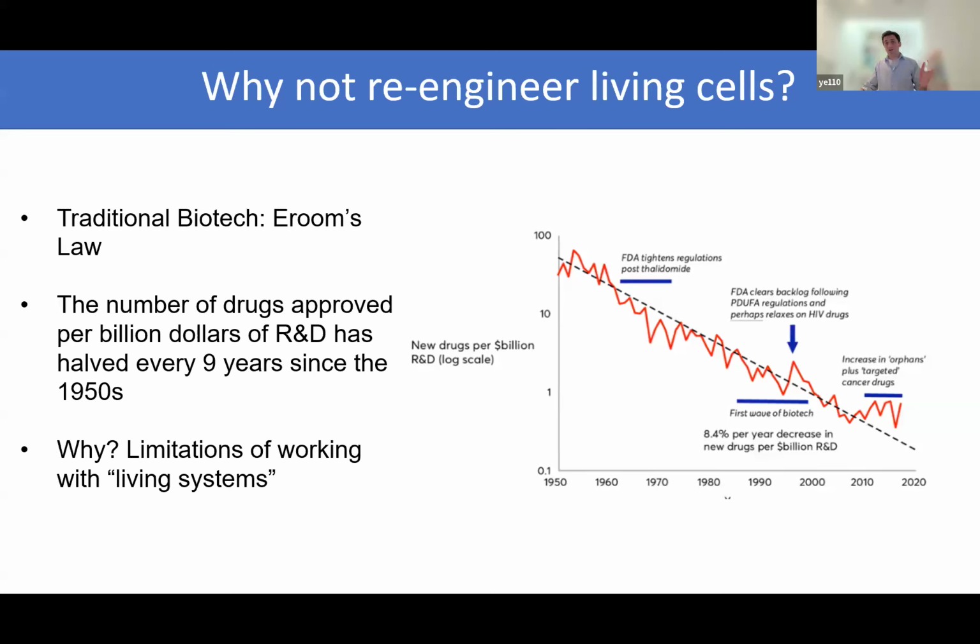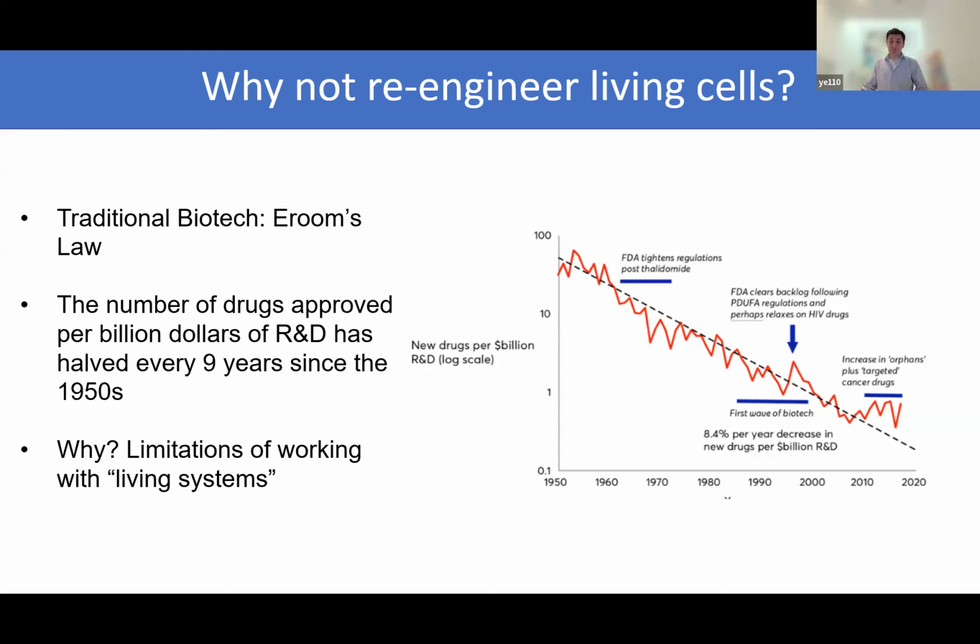So it's getting harder and more expensive every year to bring a drug to market, and more generally to succeed in the biotech space. He says this trend's been going on since the 50s, and it's not getting any better. If anything, it's getting worse. And the reason for that, he says, is because you're working with living systems.